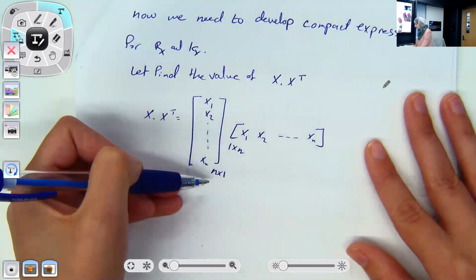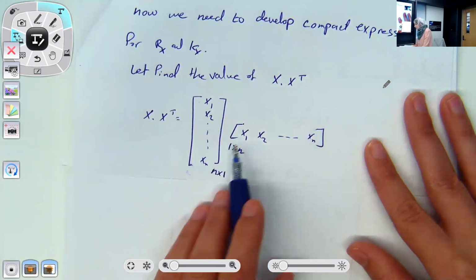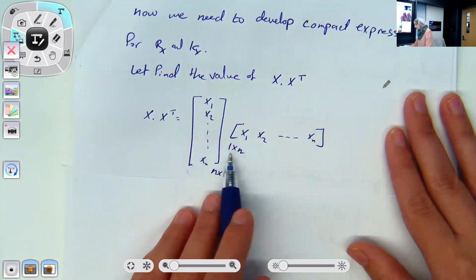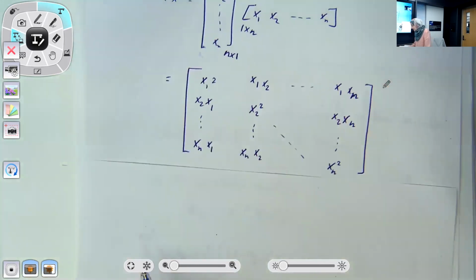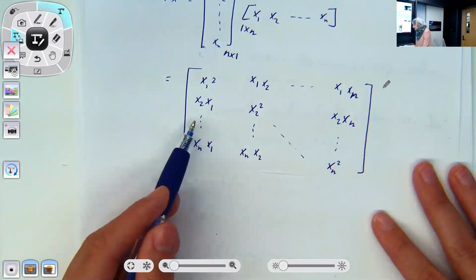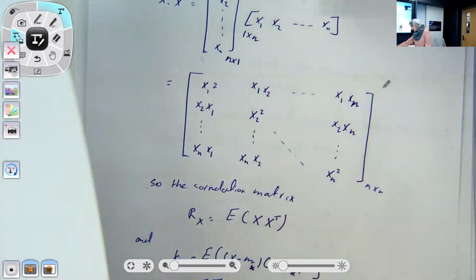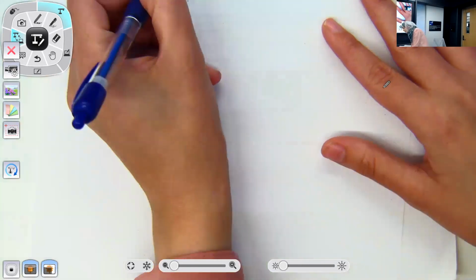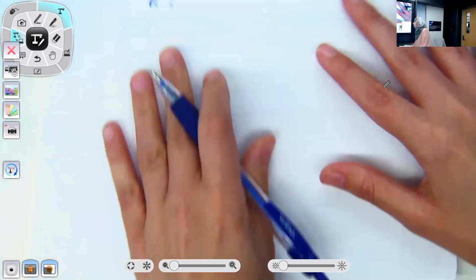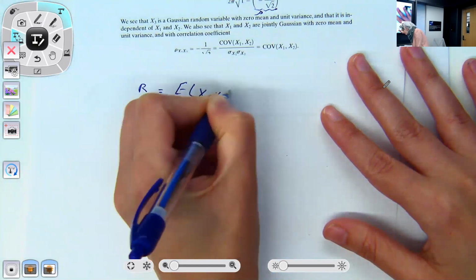The dimension of this vector is n times 1, multiplied with another vector whose dimension is 1 times n. If you multiply these together, you will get an n by n matrix. We need to find R, which equals the expected value of X times X transpose.